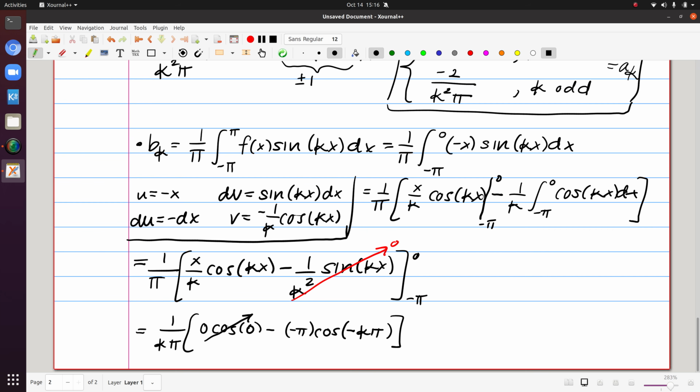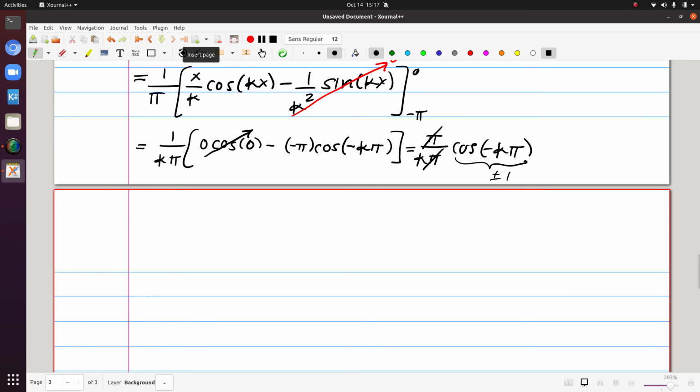And we're left with positive pi over k pi cosine minus k pi. The pi's cancel. And again, I'm recognizing that this cosine is plus or minus 1. So this is going to, first of all, be a situation where this is not going to be 0 when k is even, but instead, this tells me that my b sub k can be expressed in piecewise form.